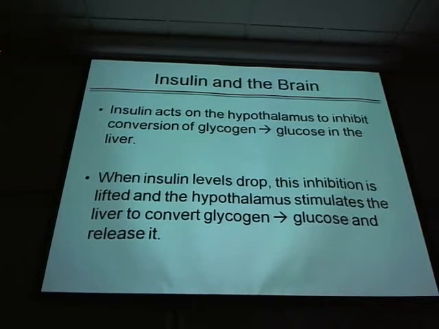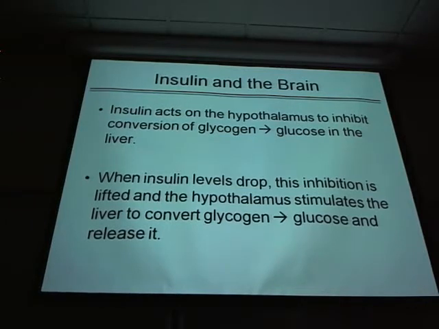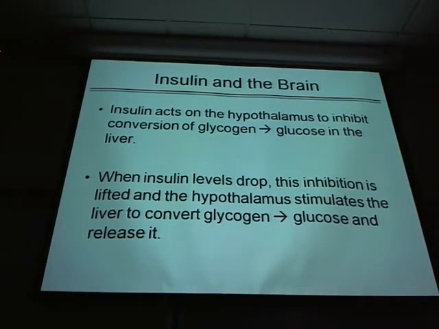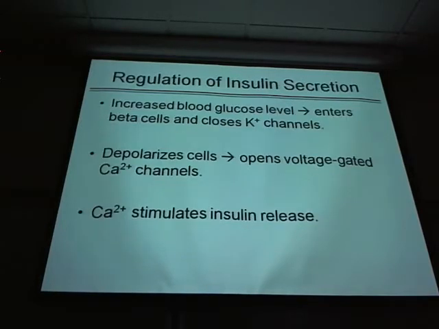I asked him, does insulin, as it uptakes, inhibit, and he said no. It does inhibit the glycogen breakdown. When insulin levels drop, this inhibition is lifted. And then the liver starts putting sugar out into the blood. Okay? That's what I thought.